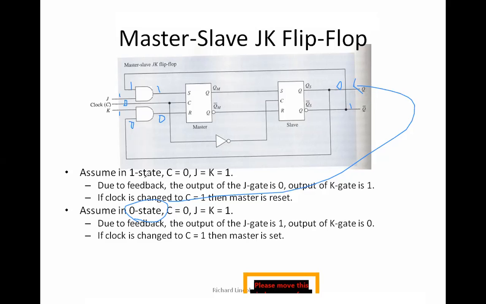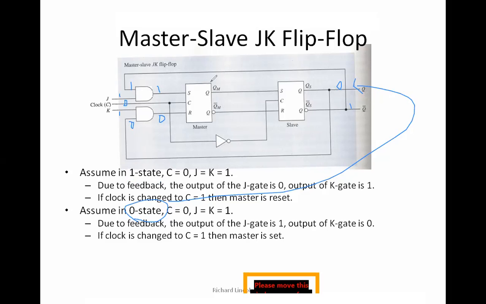In one state previously we checked that our Q was what? 1. So ultimately this one state and 0 state is talking about the final output of Q. So when I say 0 state, it means my Q is 0. So if my Q is 0, Q bar will be 1, right? So this 0 will come here, this 1 and 1 will come and sit here.